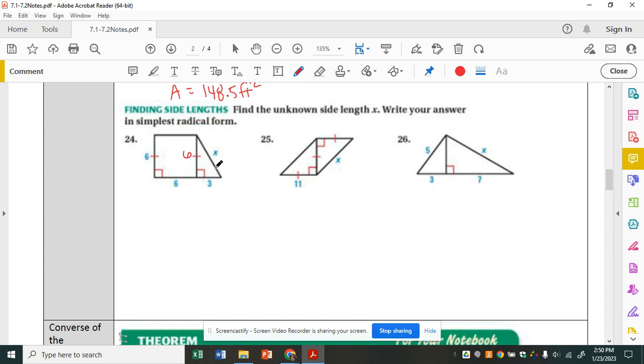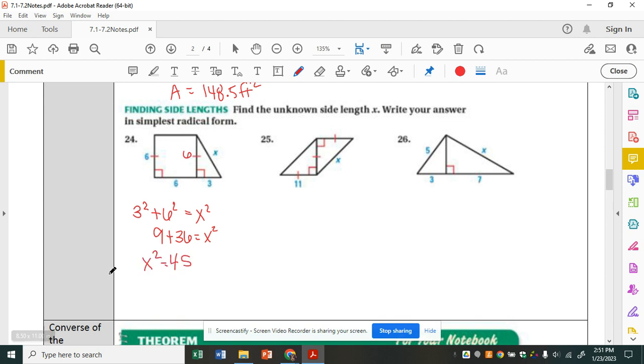So if I wanted to find x, looking at now just the right triangle, x is going to be my hypotenuse. So I would set up my Pythagorean theorem as 3 squared plus 6 squared equals x squared. That's going to give me 9 plus 36 equals x squared. And we can add those together. We get x squared is equal to 45.